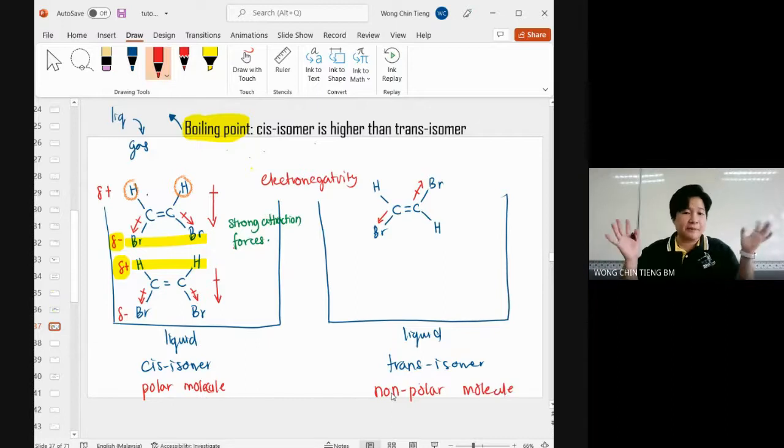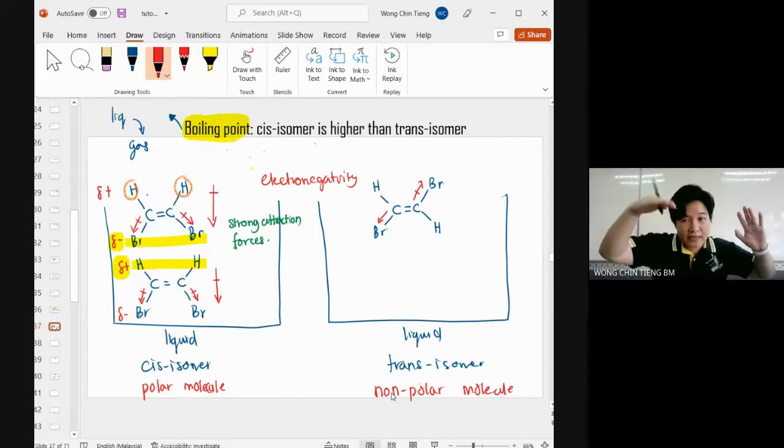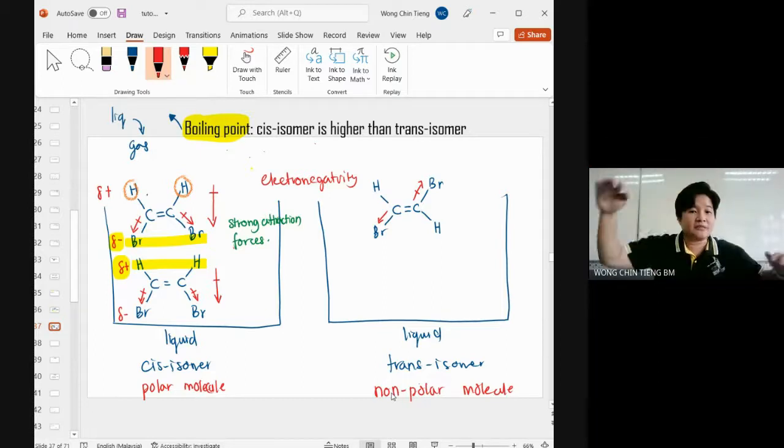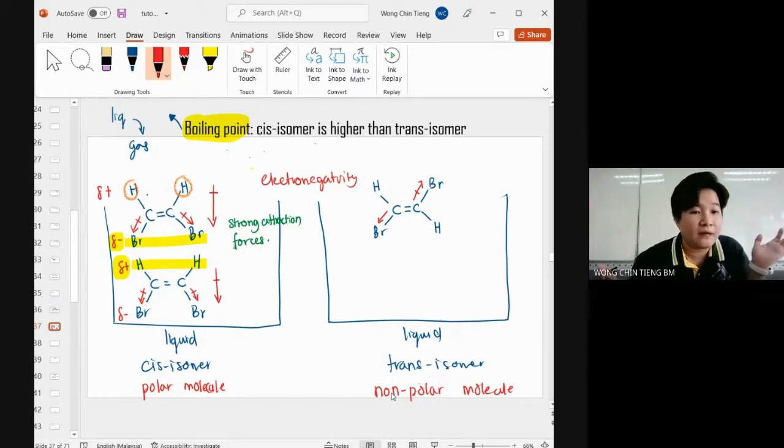Sebab saya tak ada partially positive negative. Saya ada positif ke atas, negatif ke atas, dan positif dan negatif di bawah. So atas bawah sama rata. Bila atas bawah sama rata, dia jadi non-polar. Dia tak ada siapa yang positif lebih, tak ada siapa yang negatif lebih.